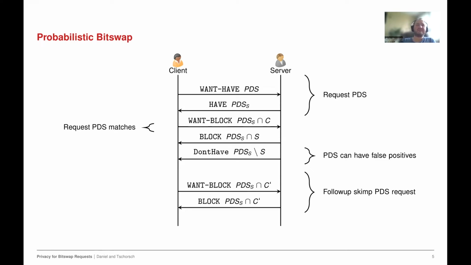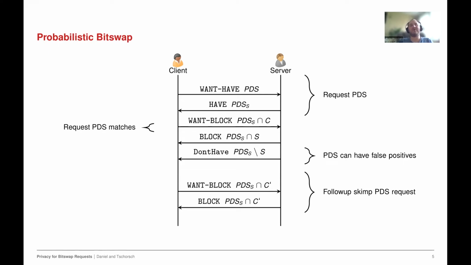Of course, there is this slight problem. It's probabilistic Bitswap. These probabilistic data structures, while they have no false negatives, they can have false positives. These false positives have the advantage for the server that they provide plausible deniability. However, this is the downside of this approach.